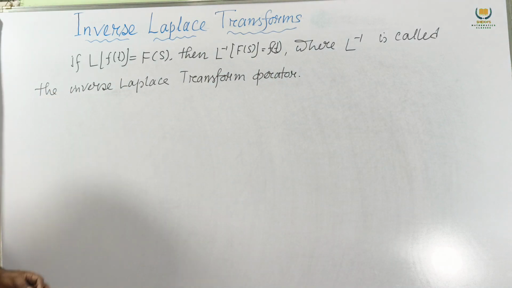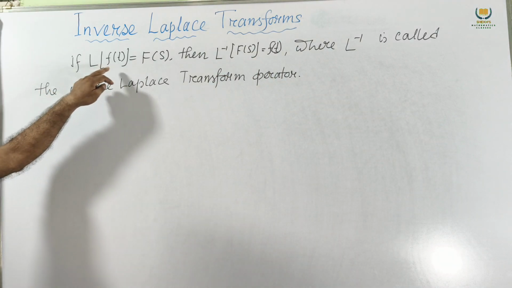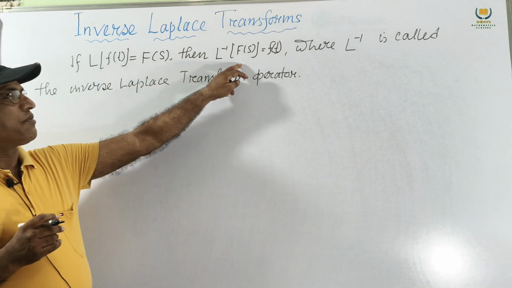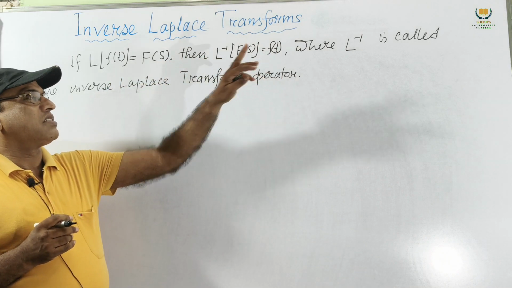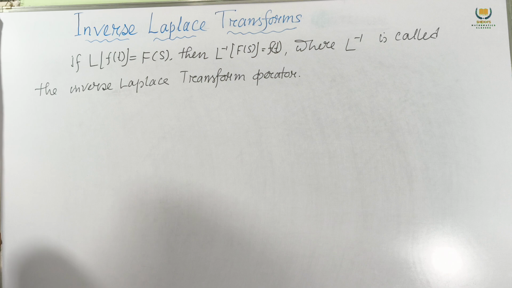So this is the definition of inverse Laplace transform. If L of f(t) equal to F(s), then L inverse F(s) equal to f(t), where L inverse is called the inverse Laplace transform operator.